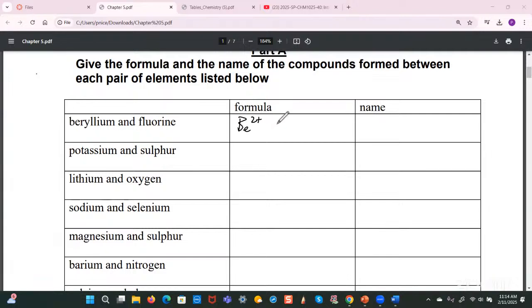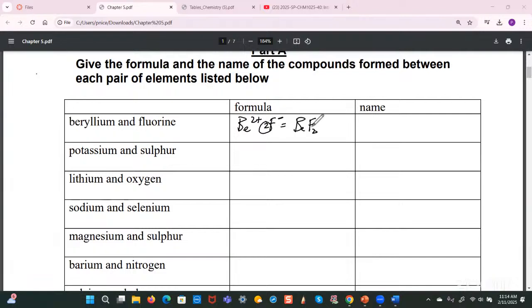What about the fluoride ion? Okay, so F-. So how do we get the charges neutralized? The 2 in front of the fluoride, right? So when you put this together, what's the final answer? Be, no, not 2F, F2.